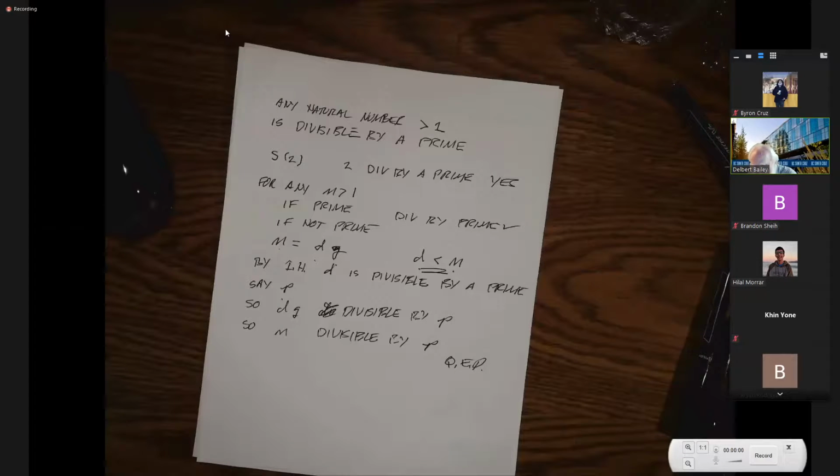Questions on that? Yeah, on the inductive hypothesis part, how do we know that d is divisible by a prime? That seems like something that we just assumed, but we didn't really show where it came from. Indeed, we did just assume it.